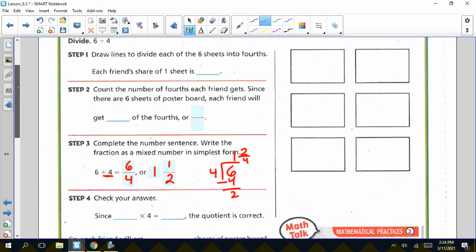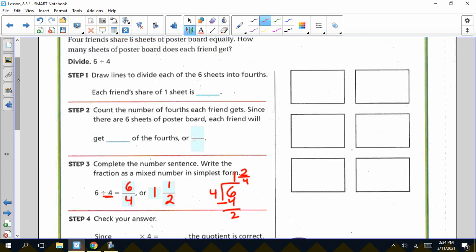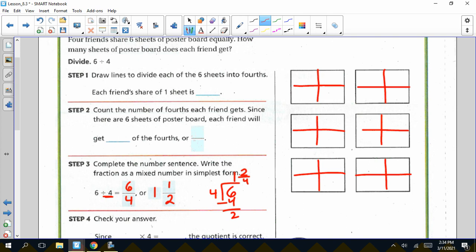Now, to model that and why that works, if we had 6 sheets of poster board here off to the side, and we wanted to divide it by 4 people, we could cut these all into fourths and give 1 section to each person. So 1 person is going to get 1/4 from each of these poster boards.